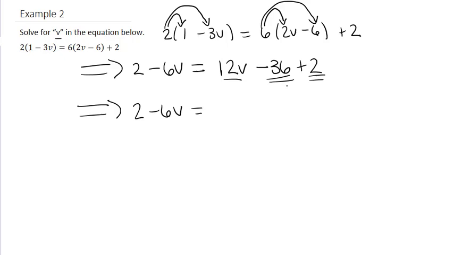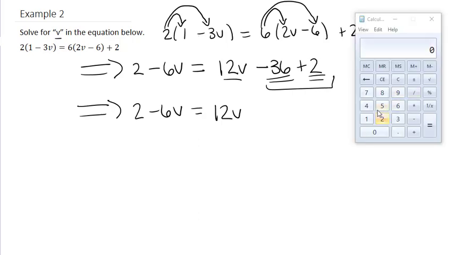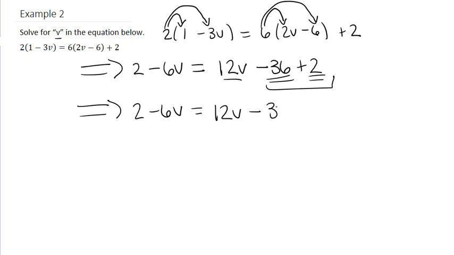So what we need to do is combine these together. So we just have 12v. Now we have 2 minus 36. So if you're not sure, let's use our calculator. So what we can do is we have 2 minus 36, which equals negative 34. So, or minus 34.